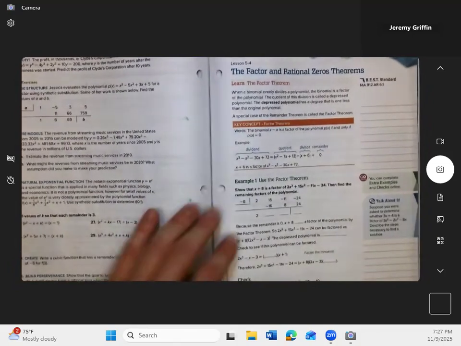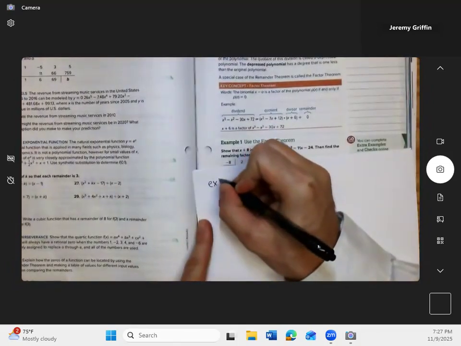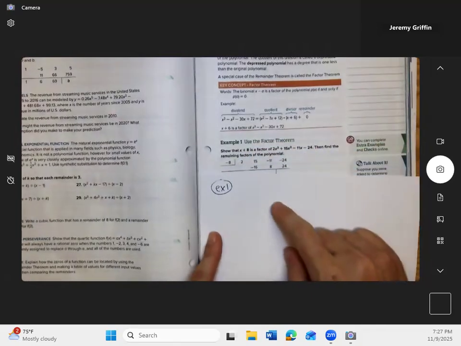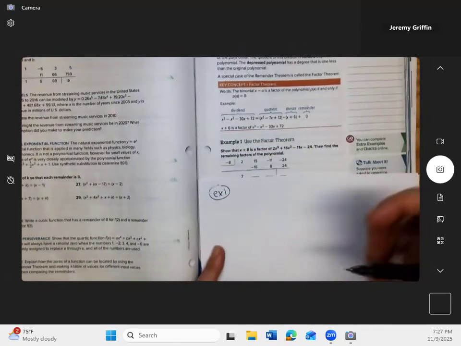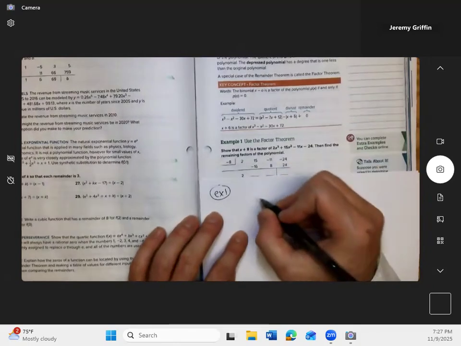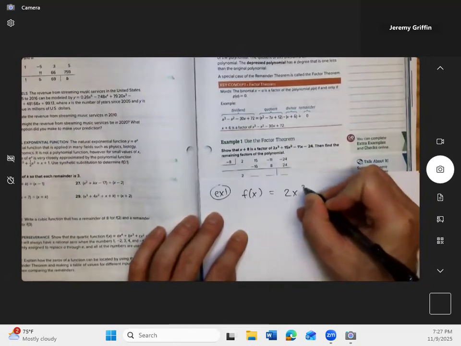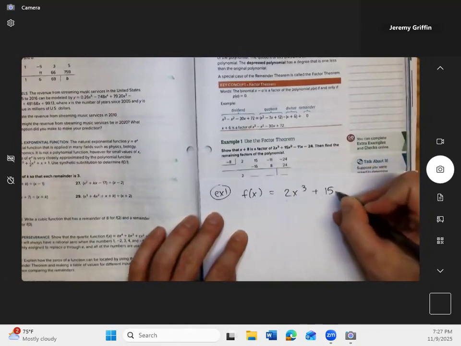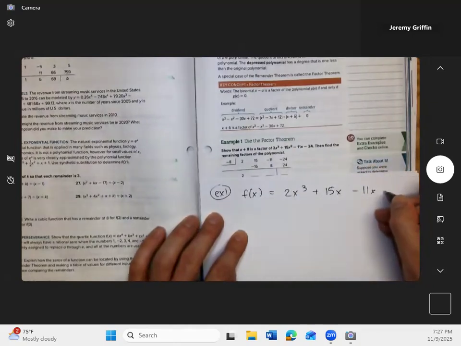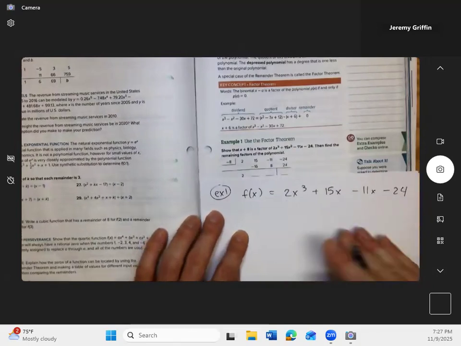So example one, factor theorem. Now they're suggesting synthetic division, so maybe I'll do that one first. So we have f of x equals 2x cubed plus 15x squared minus 11x minus 24. So that's the original function.